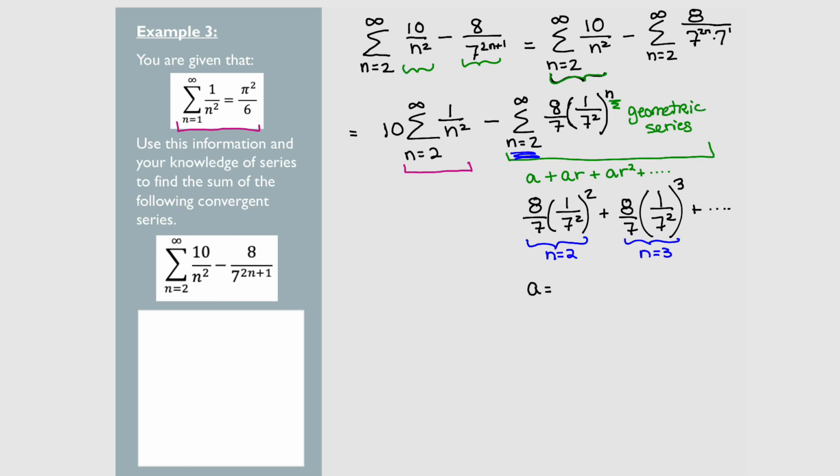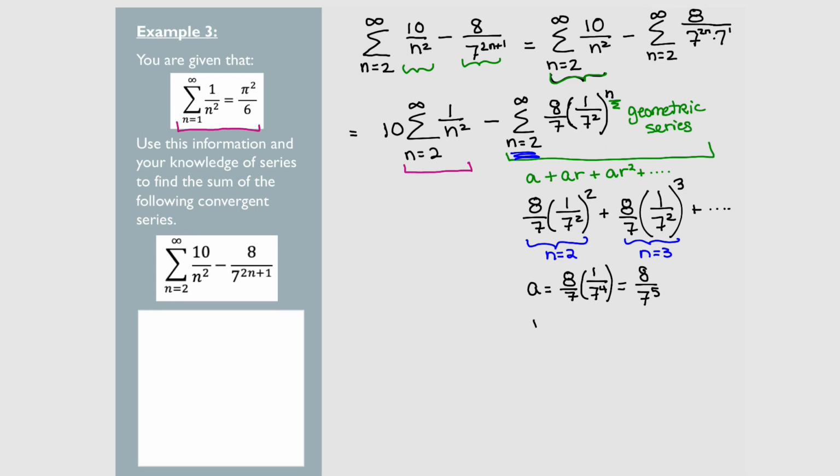My A term is kind of ugly. It's 8/7 times 1 over 7 squared, which is just 1 over 7 to the fourth power. Or in other words, my A is 8/7 to the fifth power. Ugh, but okay, that is what it is.